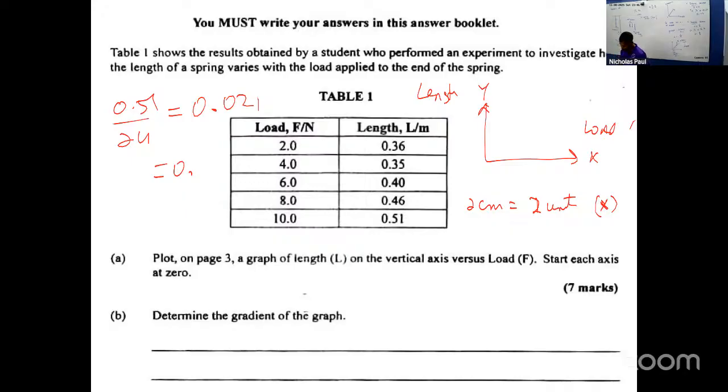Every centimeter we can round it up to 0.025. I don't really like that, but I might have to do that. Every centimeter is 0.025 on the y-axis.